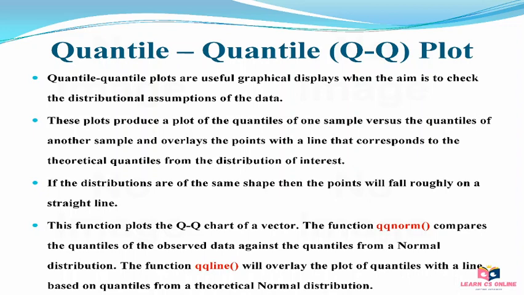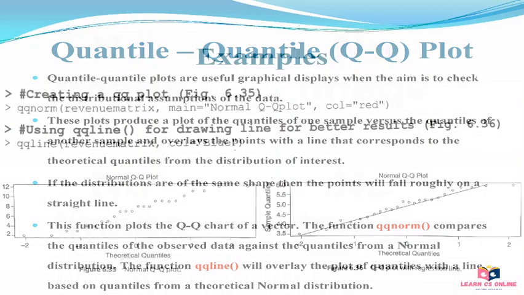The function qqnorm compares the quantiles of the observed data against the quantiles from a normal distribution. The function qqline will overlay the plot of quantiles with a line based on quantiles from a theoretical normal distribution.